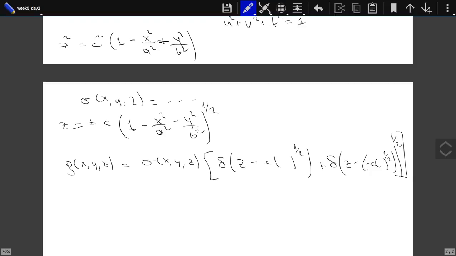This is my volume density. So the total charge would be the integral of rho over all space.